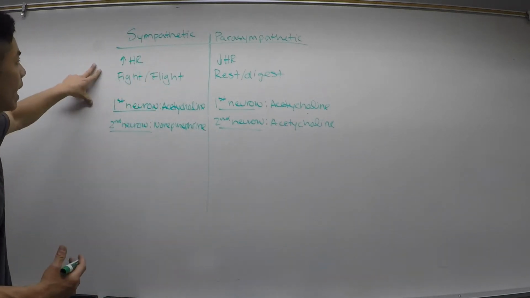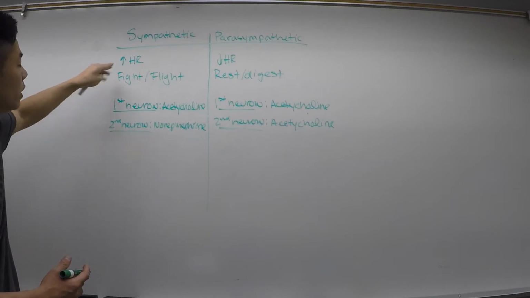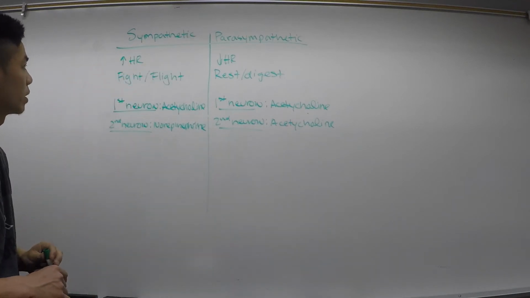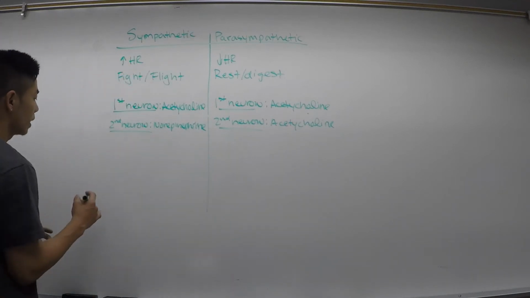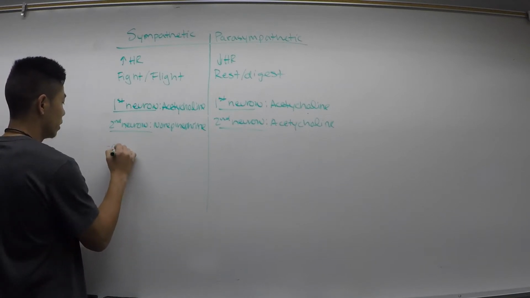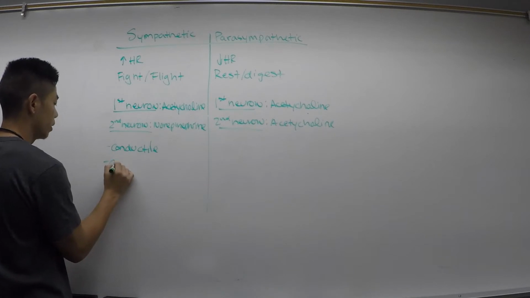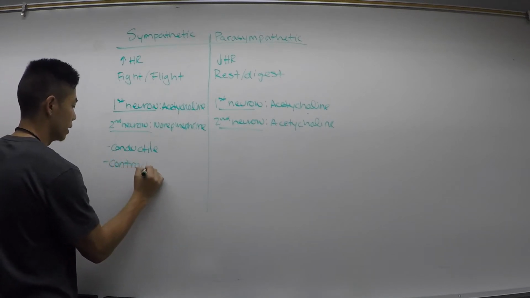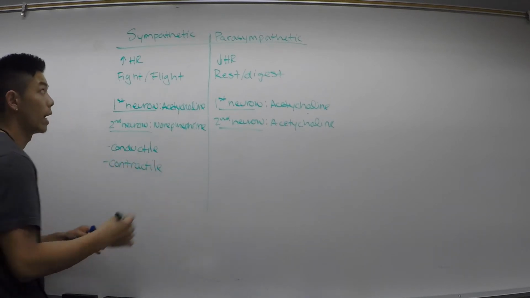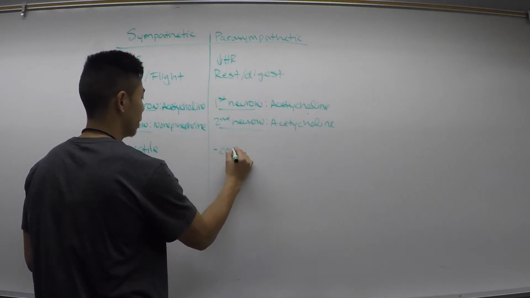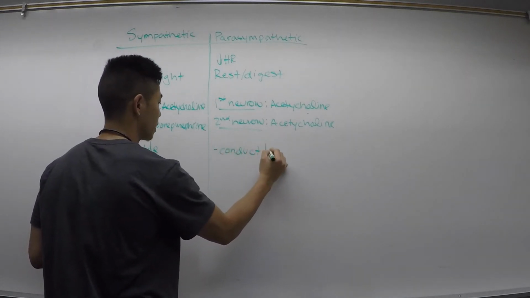One more important fact, which differentiates sympathetic from parasympathetic, is that the sympathetic is going to be able to affect the conductile cardiomyocytes, and it's also going to be able to affect the contractile cardiomyocytes. Whereas our parasympathetic is only going to be able to affect our conductile cardiomyocytes.